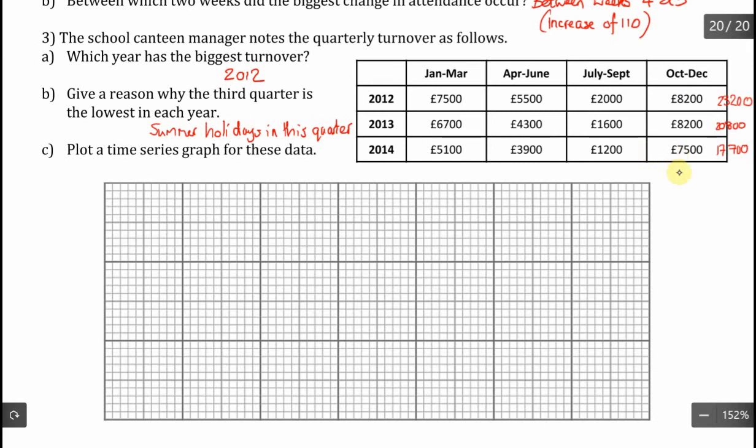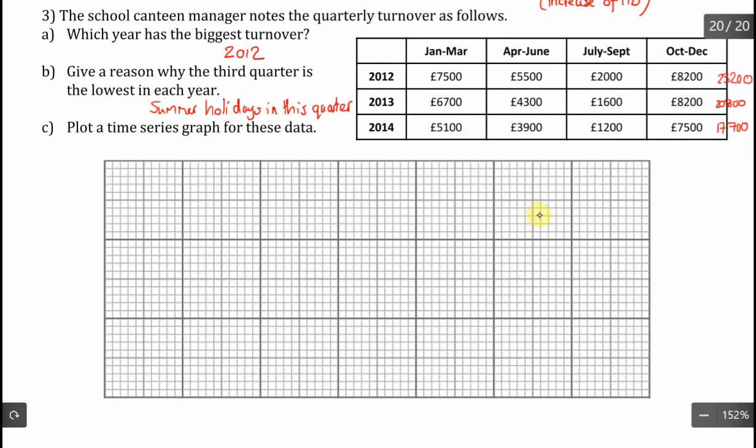So what we're actually going to do is have time along the bottom, and we're going to label it year, and we're going to have January to March, April to June, July to September, October to December, and that's all going to be for 2012.